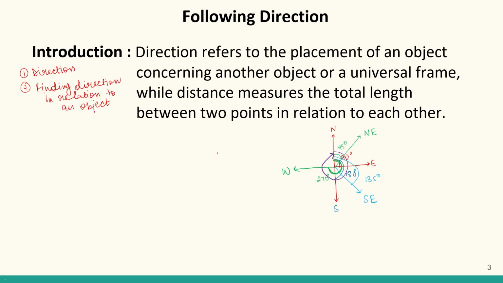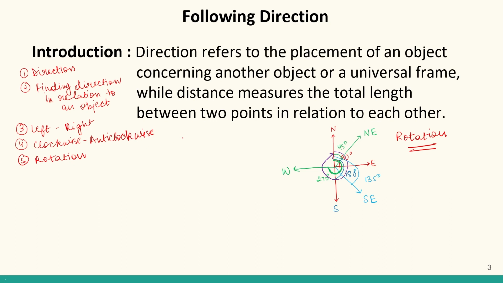So if A is to the north of B, that means B will be to the south of A, right? We discussed this. Then we discussed the basic concept of left and right. And similarly, we discussed the basic concept of clockwise and anti-clockwise, right? These four concepts we discussed. Now, this concept is called rotation. So we also understood the concept of rotation.